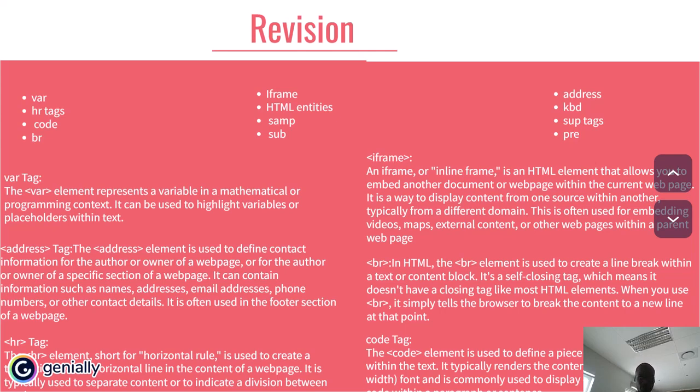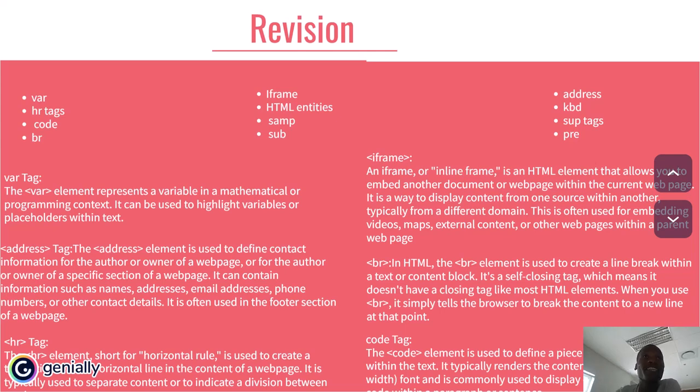So the BR element is used to create a line break within a text or content block. It's a self-closing tag, which means it doesn't have a closing tag like most HTML tags. When you see BR, it simply tells the browser to break the content to a new line at that point. So the code element is used to define a piece of computer code within the text.